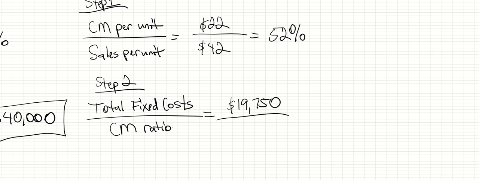Then the contribution margin ratio is 0.52 or 52%. All right, so the break even in dollar sales comes out to be $37,980.7692. What I'm going to do is just round it to the nearest whole dollar, which is going to be $37,981.